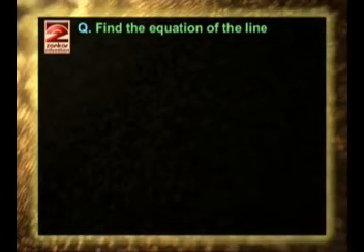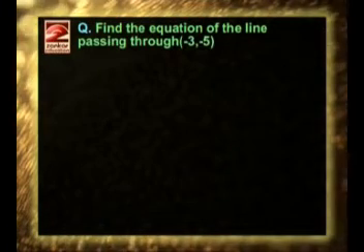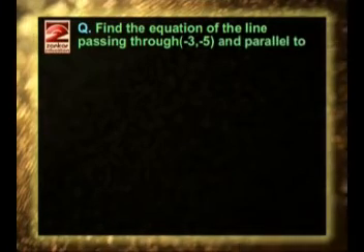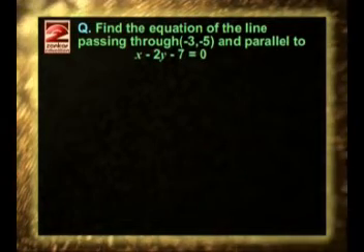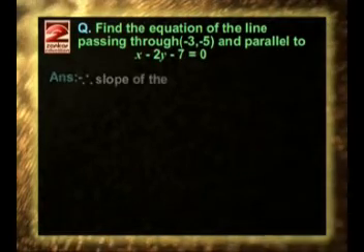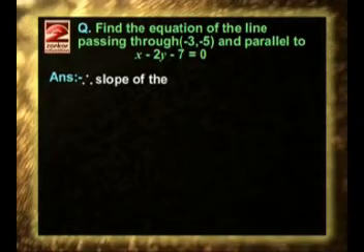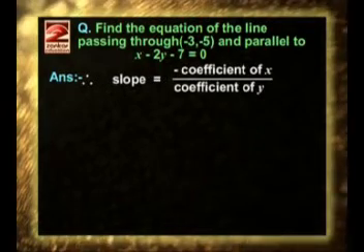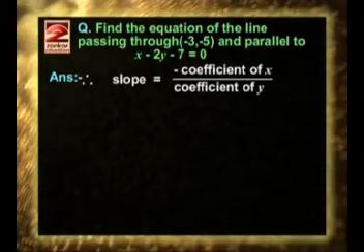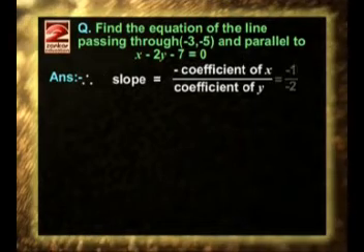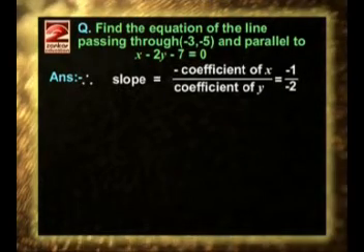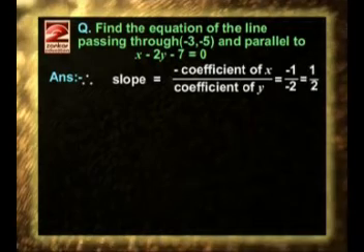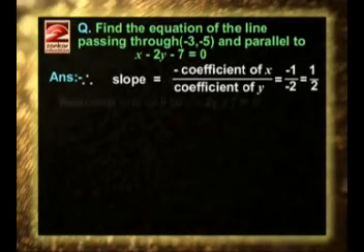Now the question: find the equation of the line passing through (-3, -5) and parallel to x minus 2y minus 7 is equal to 0. And therefore slope of the line is equal to minus coefficient of x upon coefficient of y, that is equal to minus 1 upon minus 2, that is equal to 1 upon 2.